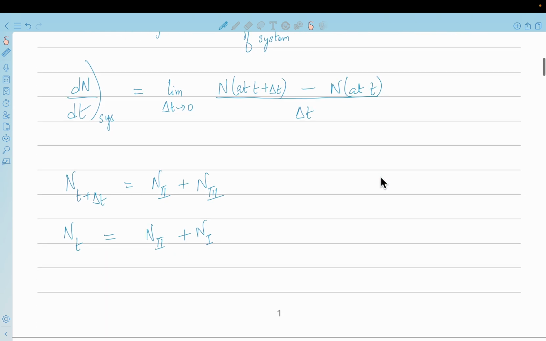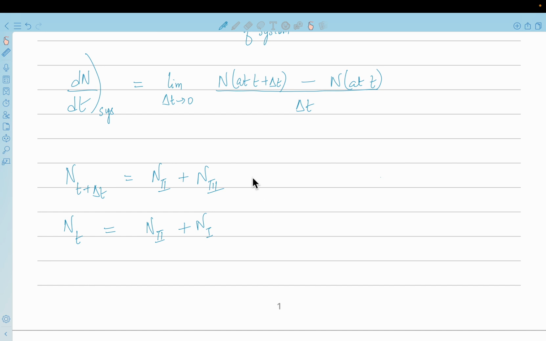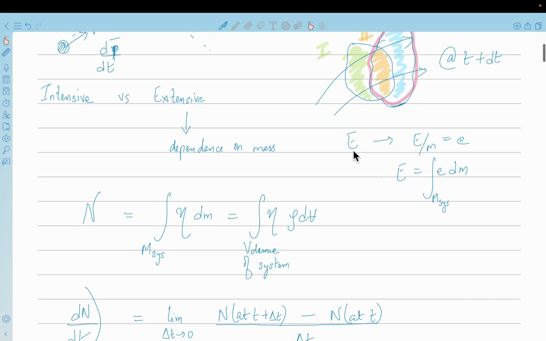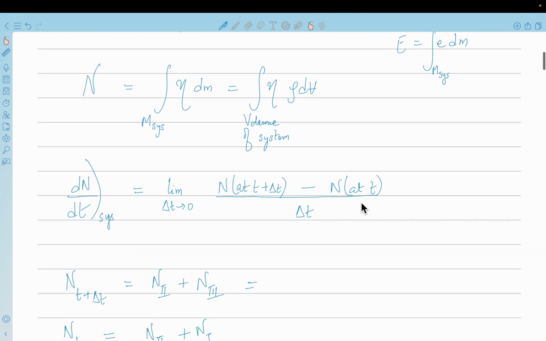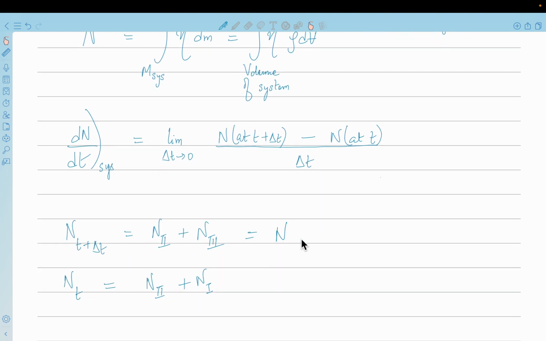So we can now write, at t plus dt you can see that the system is now located in this region. So I am going to write this as N control volume minus N1 plus N3. Is this clear? If there is any question, you can ask me now.